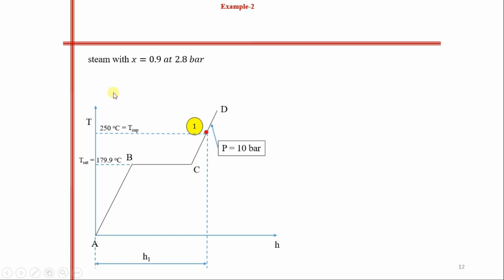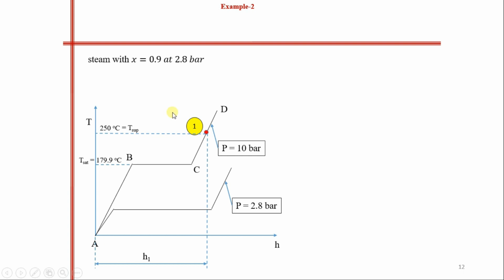Now the second condition of steam is x = 0.9 at 2.8 bar. So let's first draw the T-H plot corresponding to 2.8 bar pressure. Keep this in mind: as we increase the pressure, the enthalpy of evaporation becomes shorter and shorter, and at some pressure it is possible that the enthalpy of evaporation becomes a point.